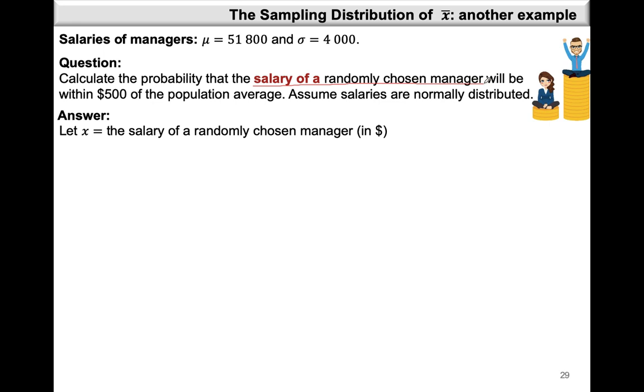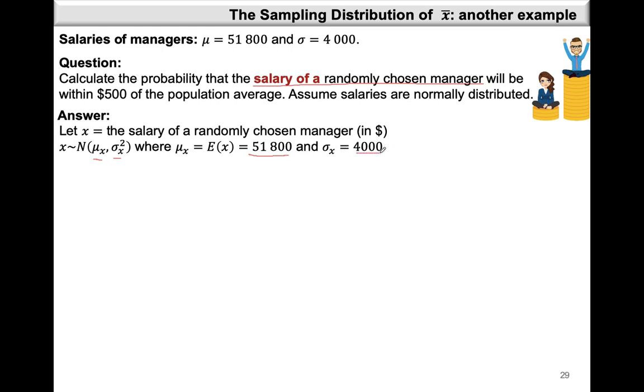And X is going to have a normal distribution with a mean of mu X and a variance of sigma squared X, and mu X is the expected value of X, and this was given in the information as 51,800, and the standard deviation sigma X is equal to 4,000.